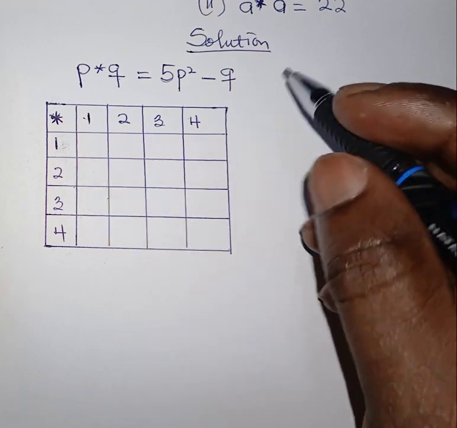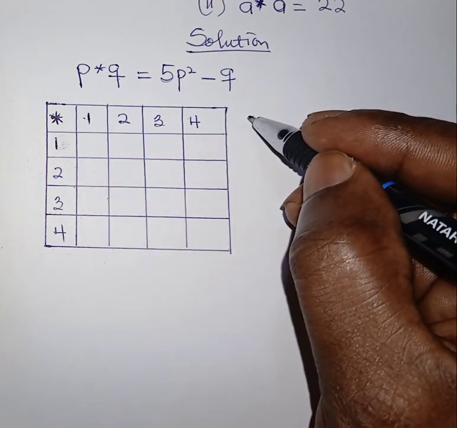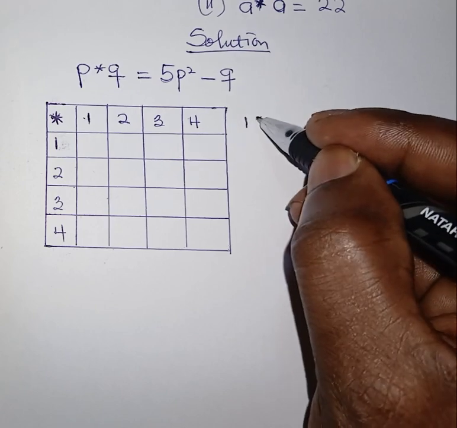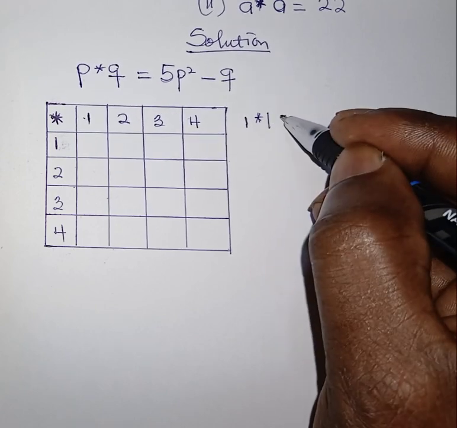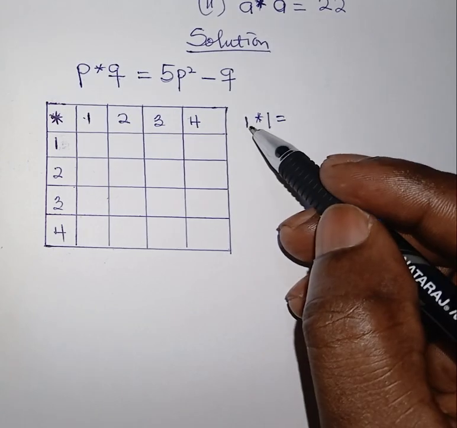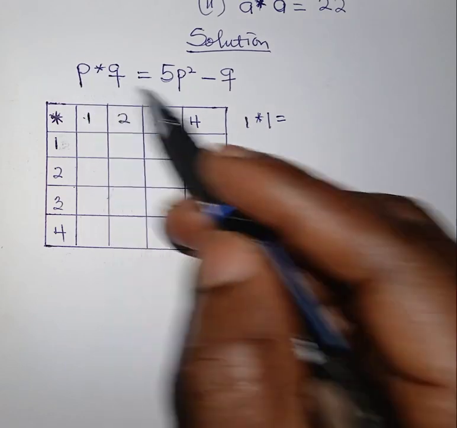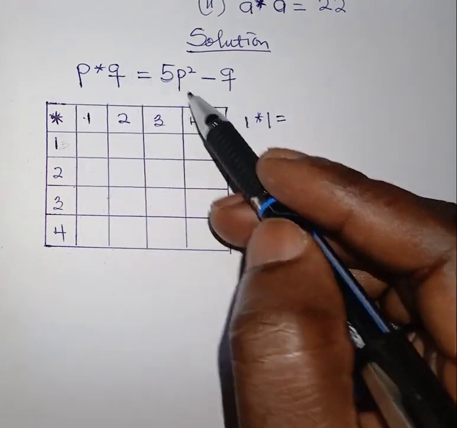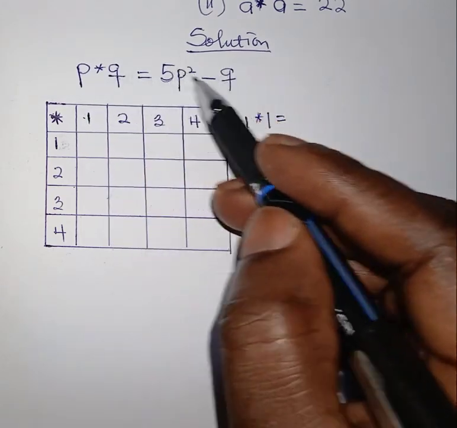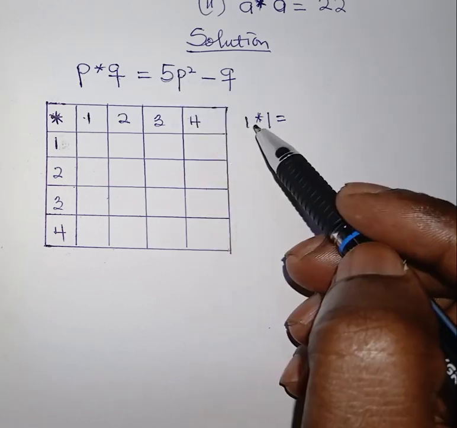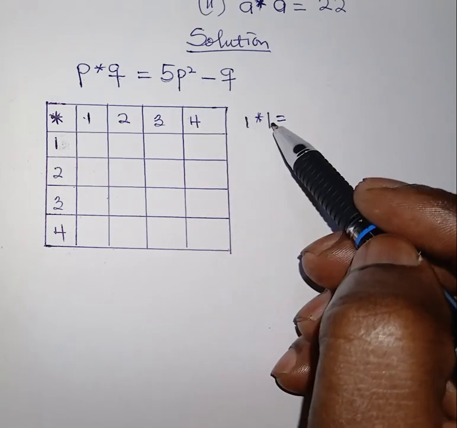On the first, we shall look at this. Write 1 operation 1 is equal to, so this is P and this is Q. Whenever I see P in the rule, I will substitute 1, and whenever I see Q, I will substitute this one.